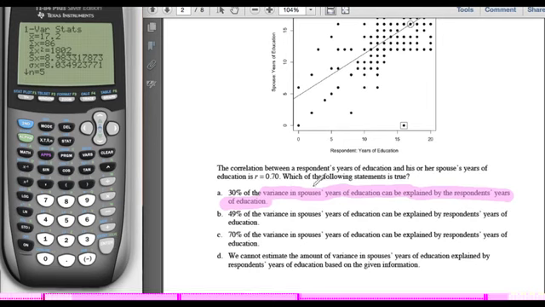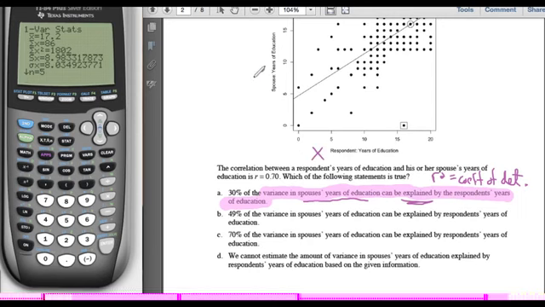Well, this exact phrasing, or very close to it, is what we saw for r squared, which was the coefficient of determination. That was our explanation: blank percent of the variation in the y, which is the spouse's years of education, can be explained by the x, which is the respondent's years of education.